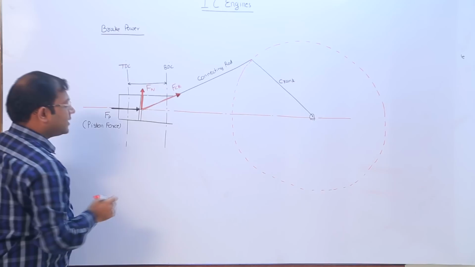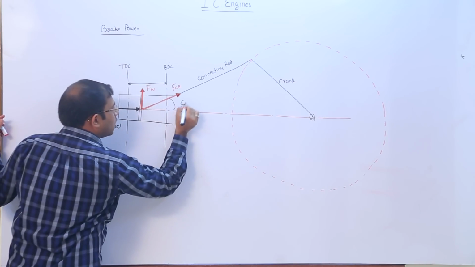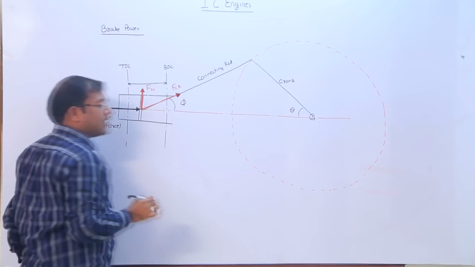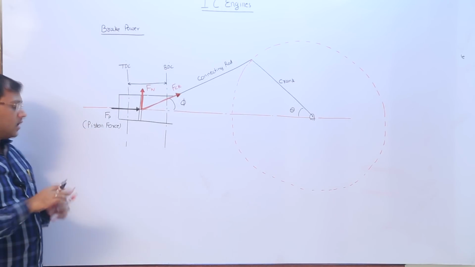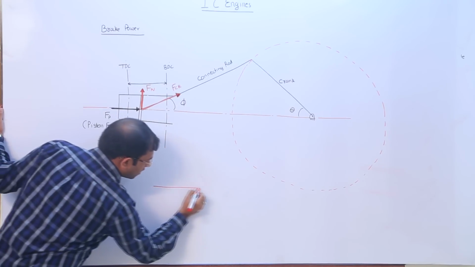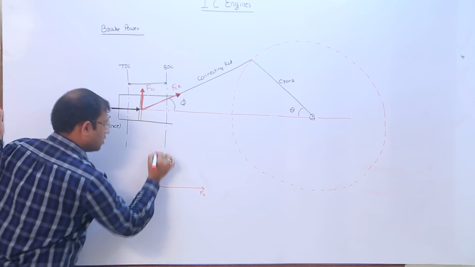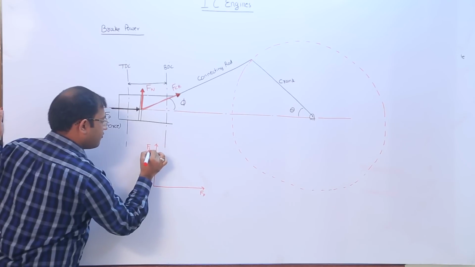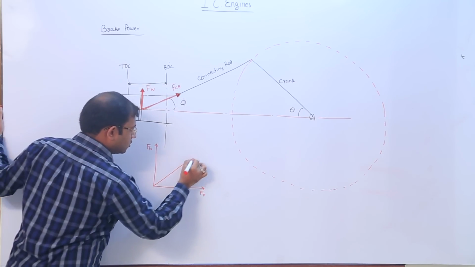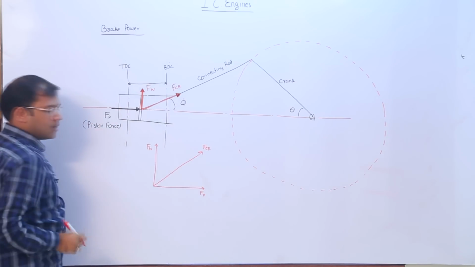Now let us draw the vector diagram. Let this angle be your phi and let this angle be your theta at any given instant. Fine. Now the vector diagram will be something like this. This is your Fp, this is your Fn, fine, and this force is nothing but your FCR.